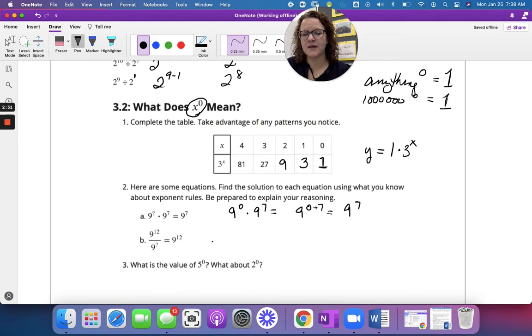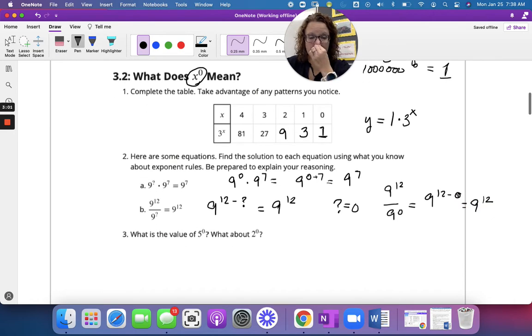When we divide, we subtract. So 12 minus question mark equals, well, question mark has to be 0. So if this were 9 to the 12 over 9 to the 0, that's the same as 9 to the 12 minus 0, which is 9 to the 12th.